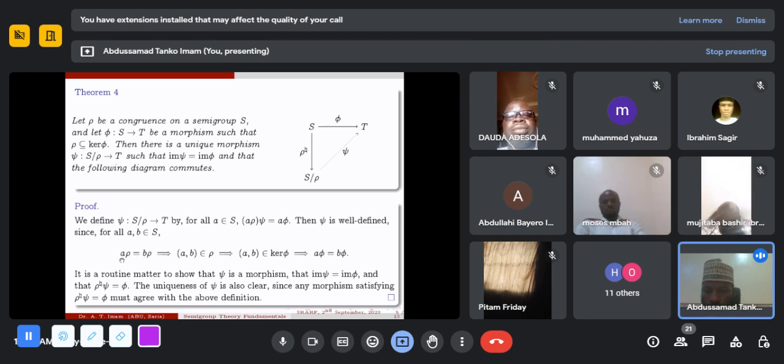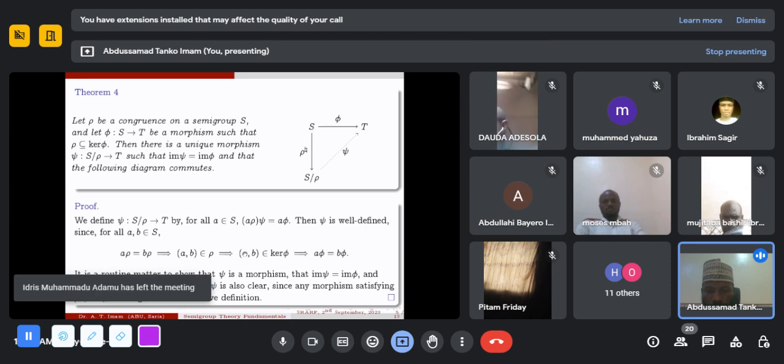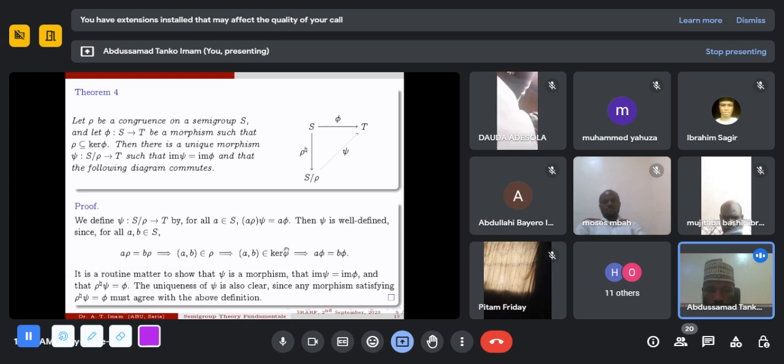You can see that if I take two rho equivalence classes, but referring to different class representatives, this means A is related to B under rho, and that implies that (A, B) will be in the kernel. This is because we assume rho is a subset of the kernel.